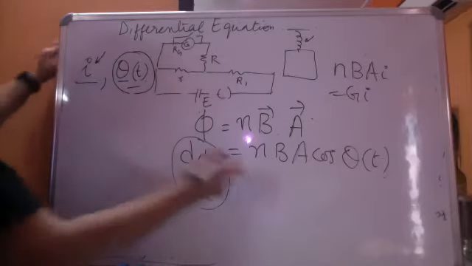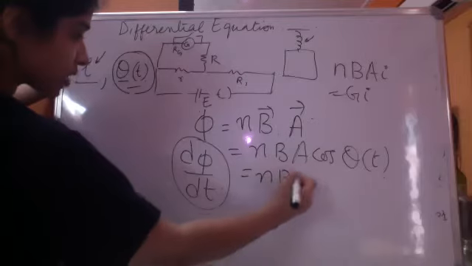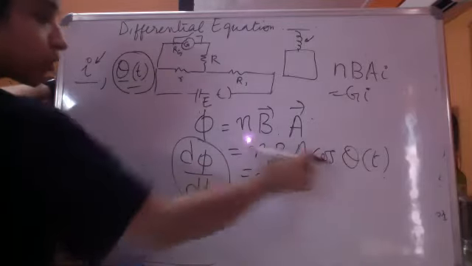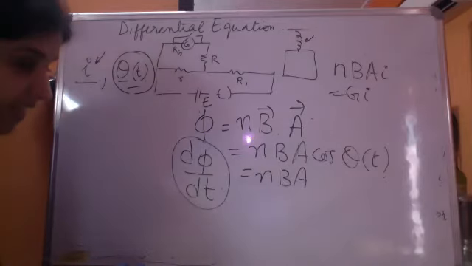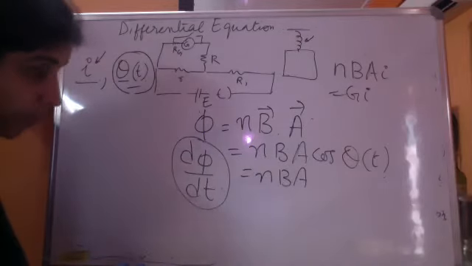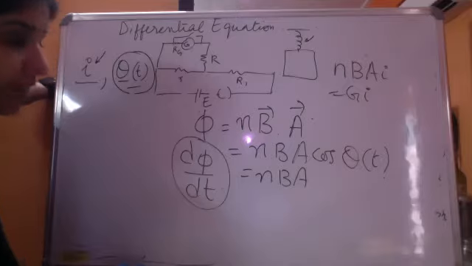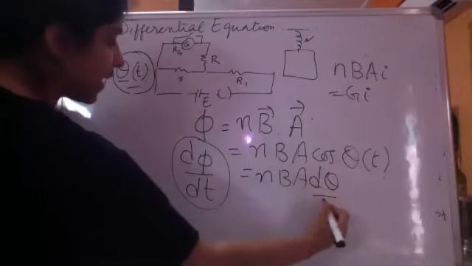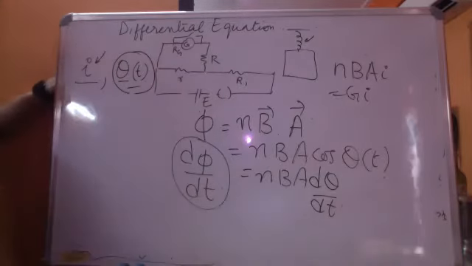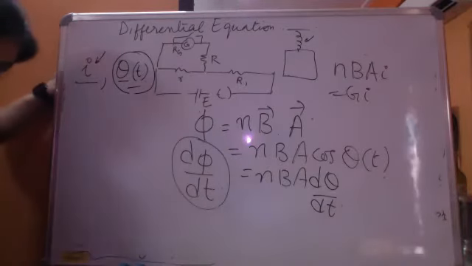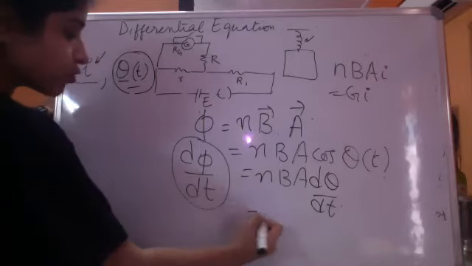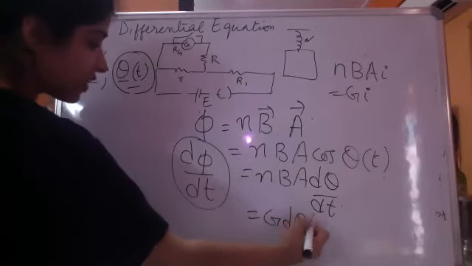And this comes out to be what? For small angles, I do a derivative here. I get a sine theta, d theta by dt. For small angles, I approximate sine theta as 1. So I get this as NBA times d theta by dt. So this is an induced EMF, and I can write this induced EMF as g d theta by dt.